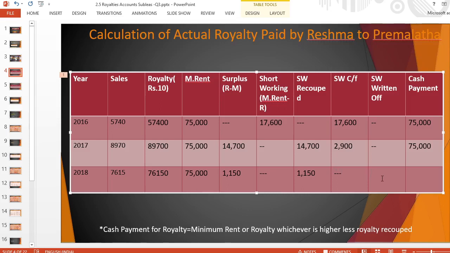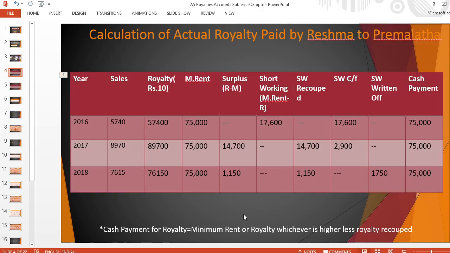And the write-off of balance: 2,900 minus 1,150, so the remaining balance 1,750 rupees. And for the final payment again the rule applies: minimum rent or royalty whichever is higher, less recoupment here. So the final payment is again 75,000.